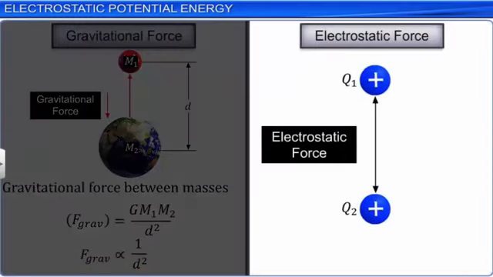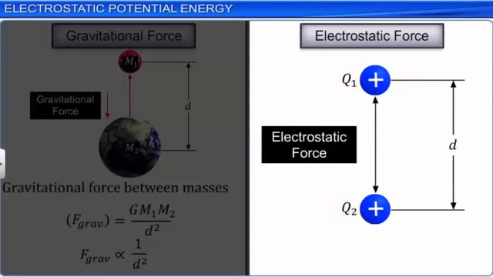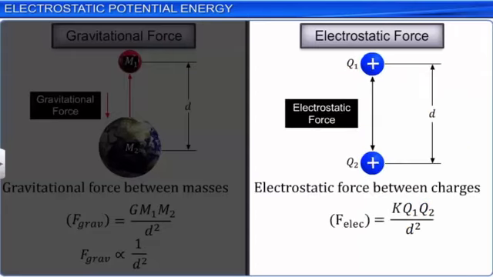Similarly, the Coulomb or the electrostatic force F between charges Q1 and Q2, separated by a distance d, is expressed as K into Q1 Q2 by d square, where K is a constant which is equal to 1 by 4 pi epsilon naught.